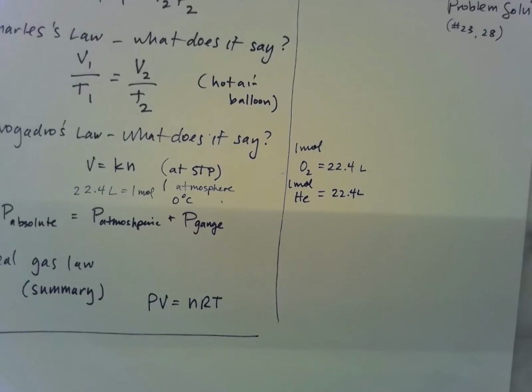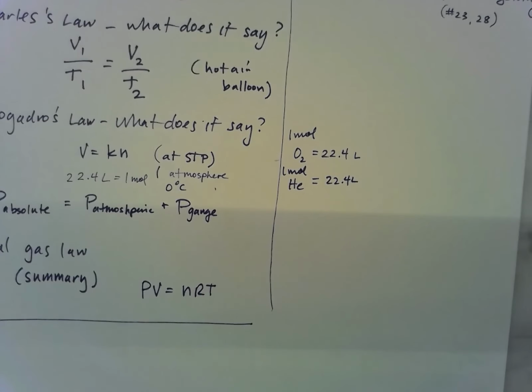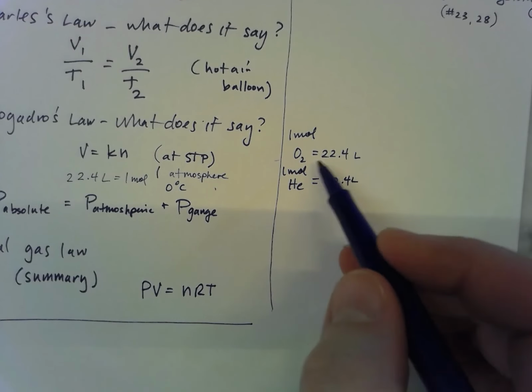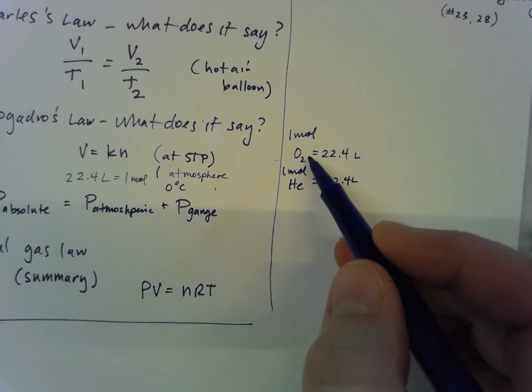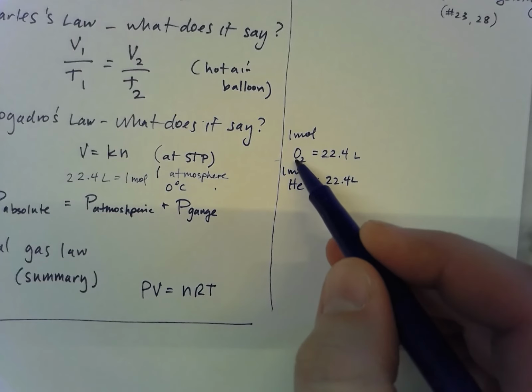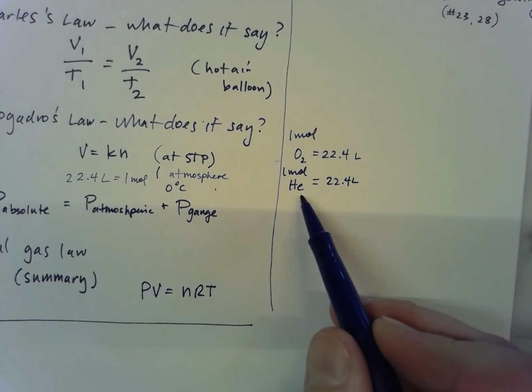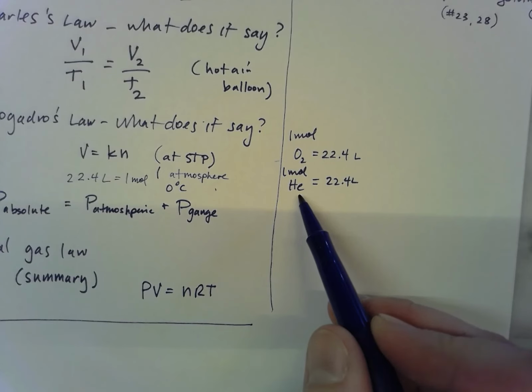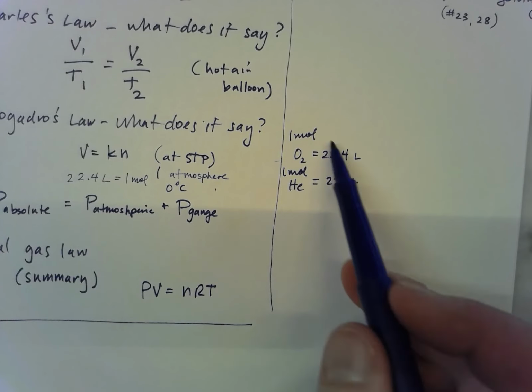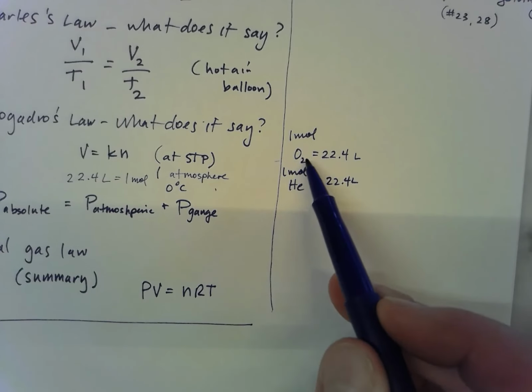Make sure you're really super clear on this in your mind. Even though this has got double the number of atoms of O2 than this one does, they're both one. This is 1 mole of those O2 molecules.